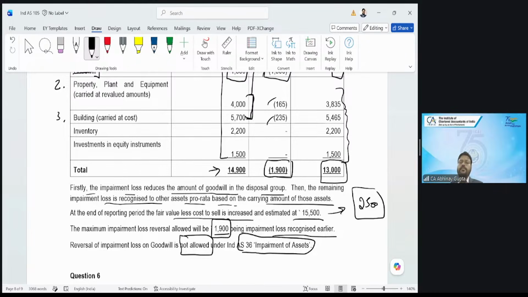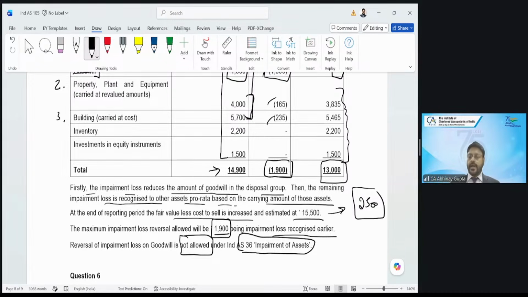So any impairment loss which was recognized or charged against goodwill, even on subsequent dates, if it reverses, it will not be reversed for the goodwill at least. So goodwill will continue to be impaired. Once impaired, always impaired.